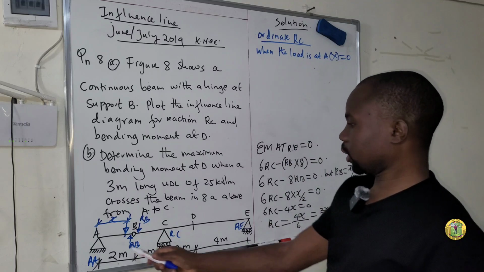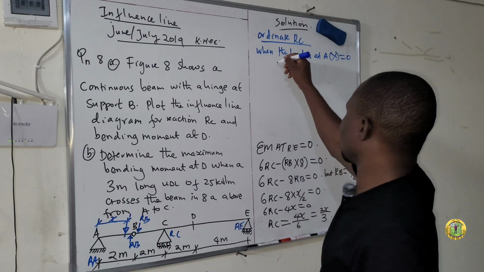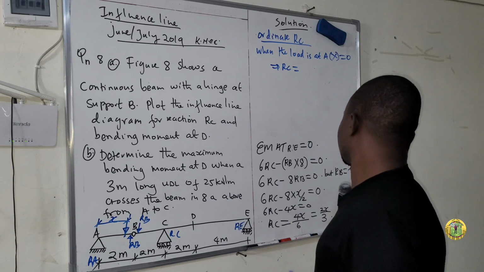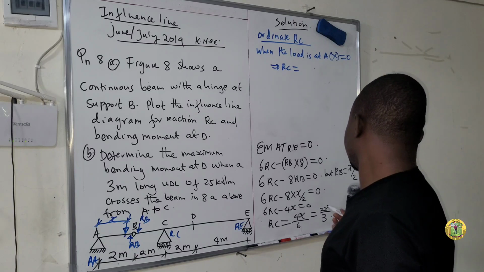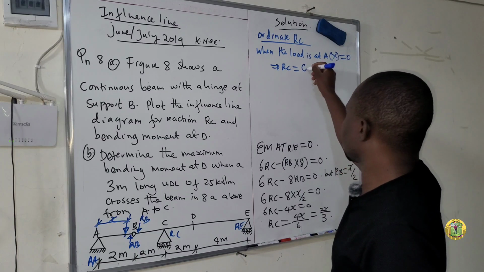So when the load is here, x is equal to 0, which implies RC is equal to, you replace this x with 0, so 2 times 0 over 3, which is 0.